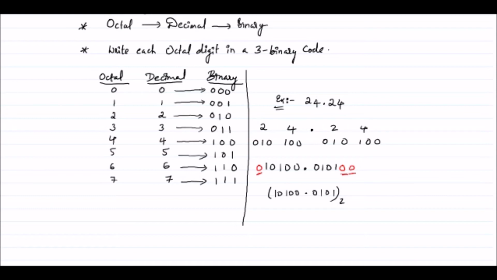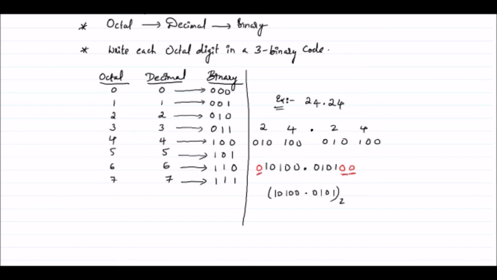I have written like this, but these extra zeros, even if you write those 0 values, there is no use. So you can eliminate those, and you can just write the number like 10100.0101.